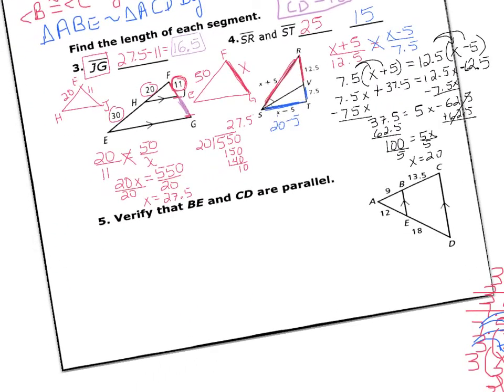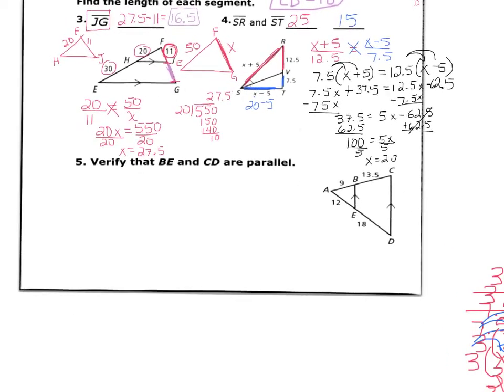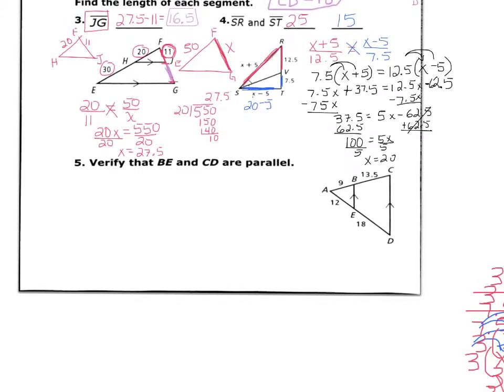Next, number 5. When you're checking to see if the sides are parallel, what we need to do is set up the proportion. The property says that if the lines are parallel, then the pieces should be proportional. So when you set up the proportion, you have to say it's AB over BC, or it could also be AB to AC, okay?